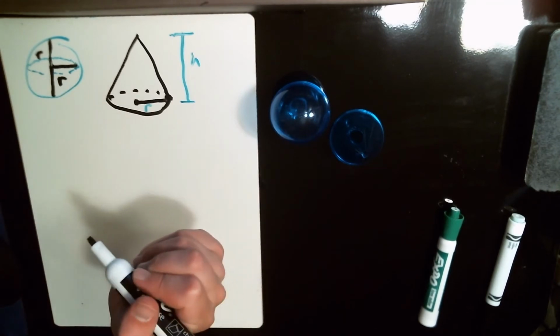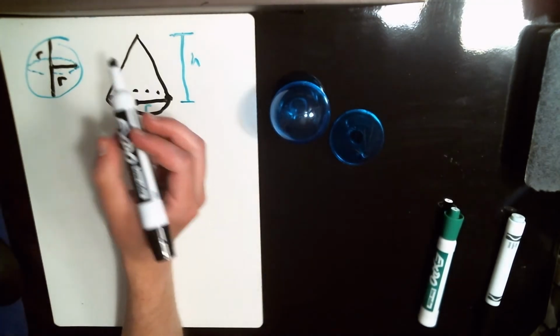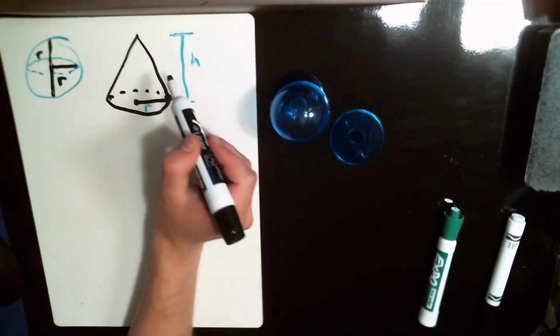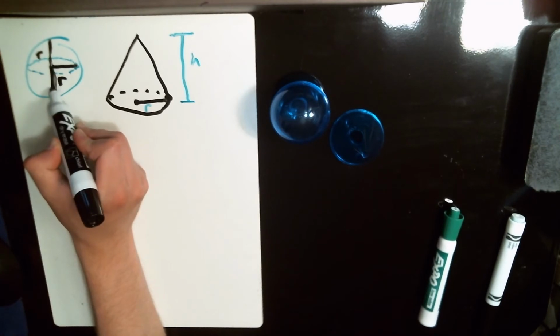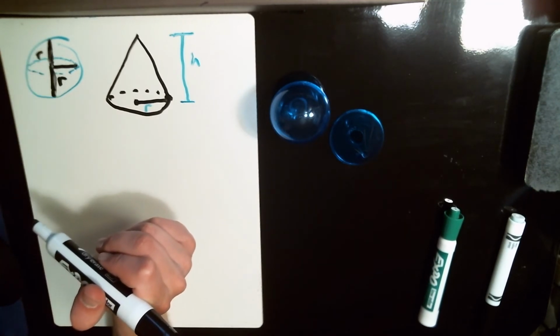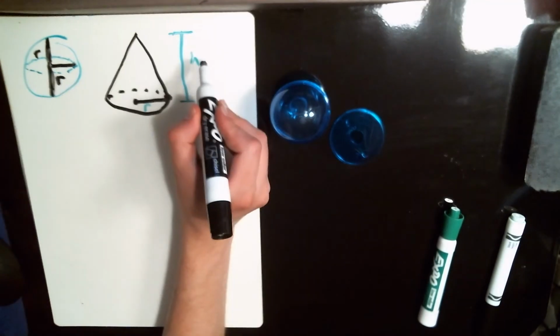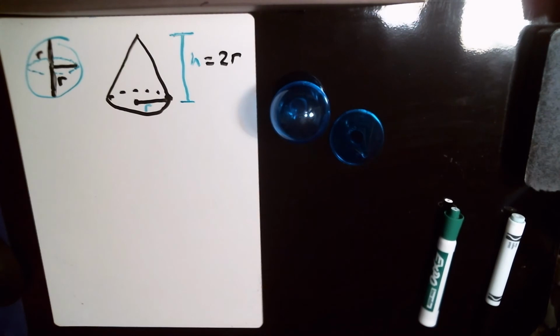All three of these lengths are the radius length. Okay, so how many radiuses of the sphere are there in this height? Well, there's one here and then one here, right? So we've got two radiuses in the height. So the height is 2 times the radius in this case. Okay? In the case where we're having the cone have the same height as the sphere.